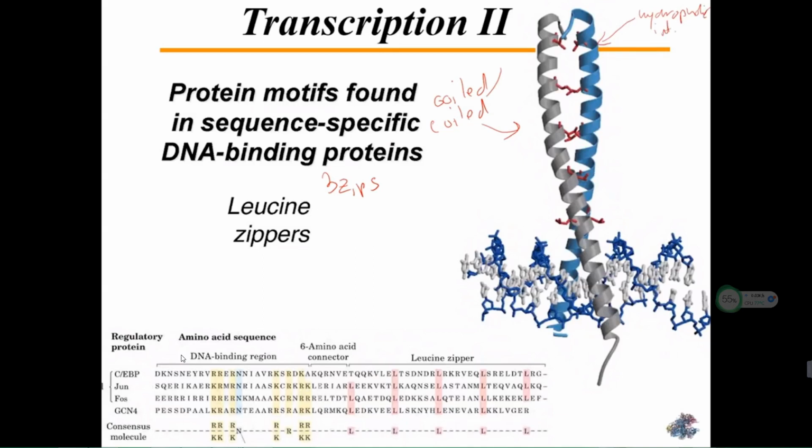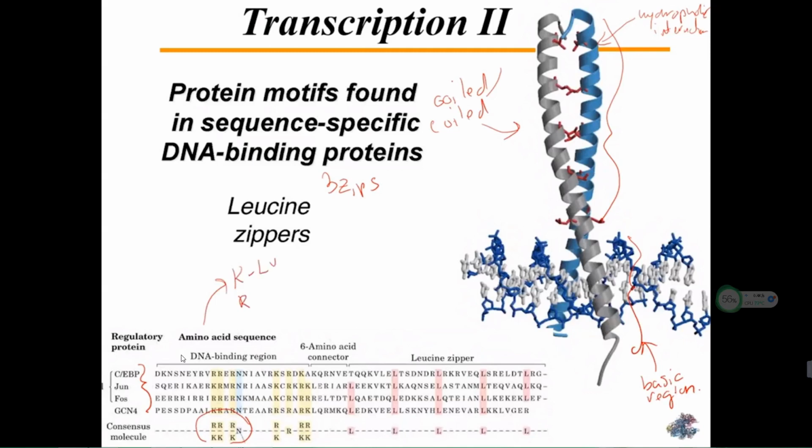There is another region below here that actually interacts with the DNA, and this is a very basic region. And it's basic because if we actually look at a comparison of several gene sequences that contain leucine zippers, the DNA binding region actually encodes for lots of lysine and arginine residues. So K and R. So K, remember, is for lysine and R is for arginine.